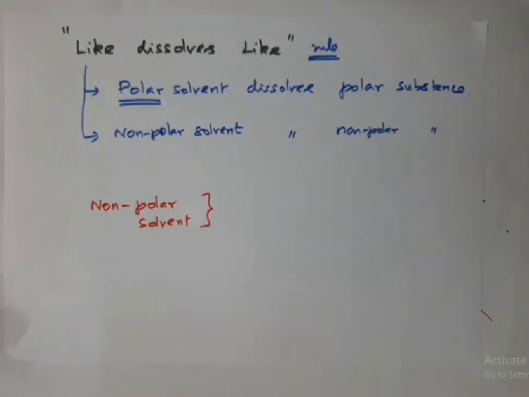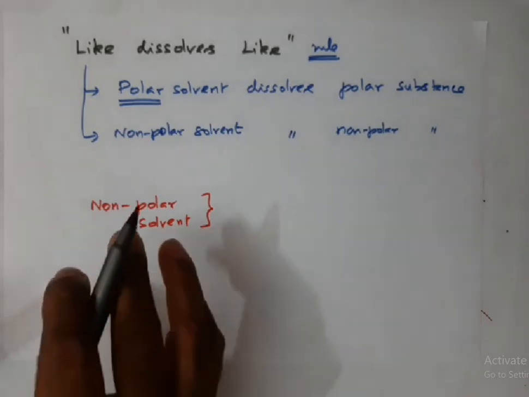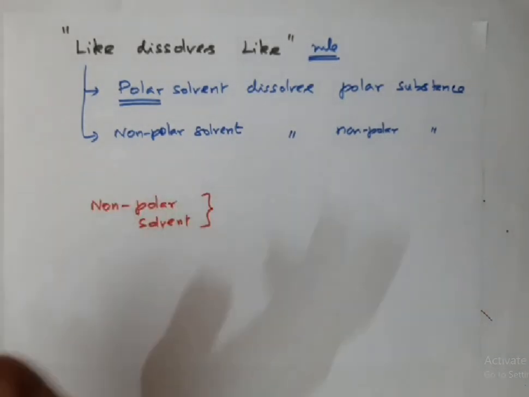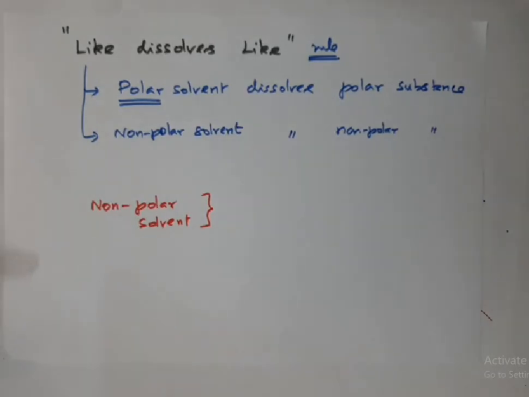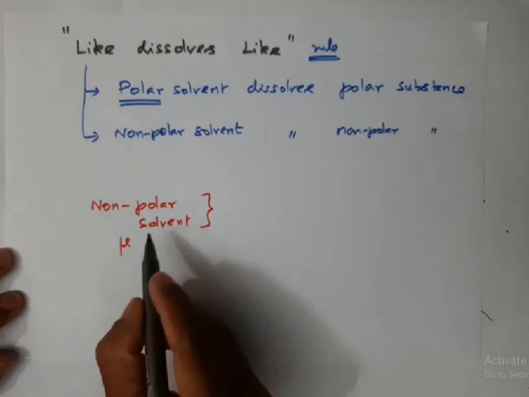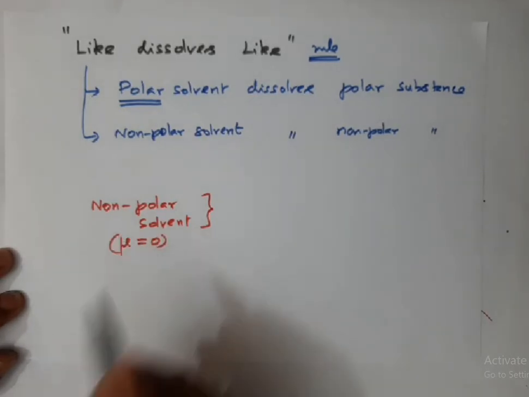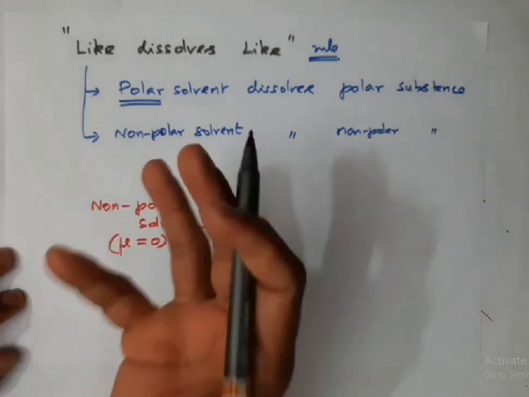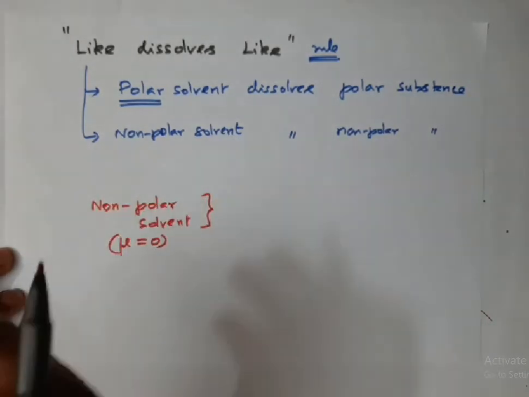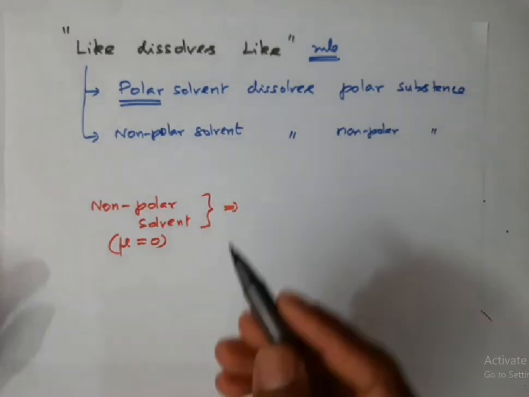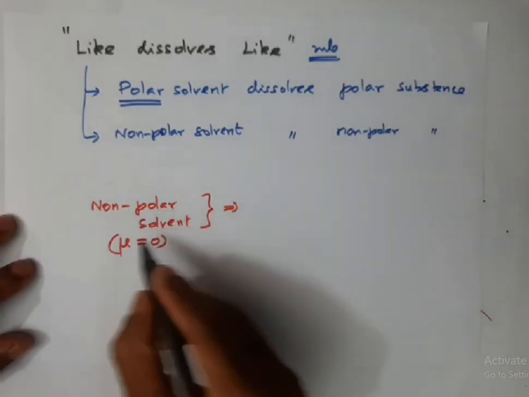We say a molecule is non-polar based on the dipole moment value. If the dipole moment value mu is 0 for a molecule, we call that substance or solvent non-polar. We have a lot of examples of non-polar solvents.